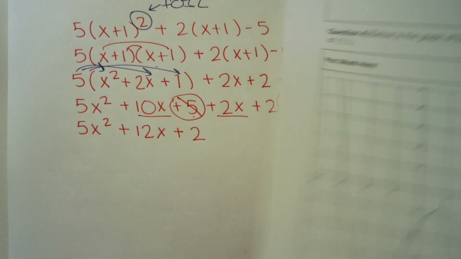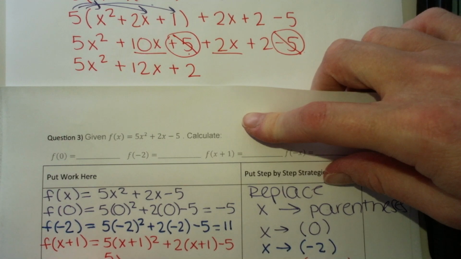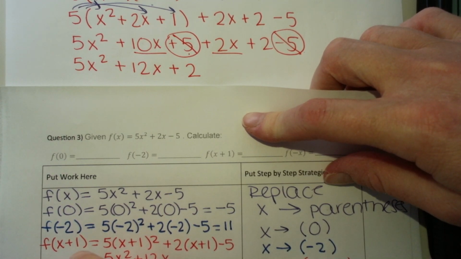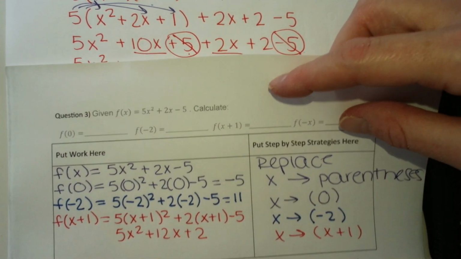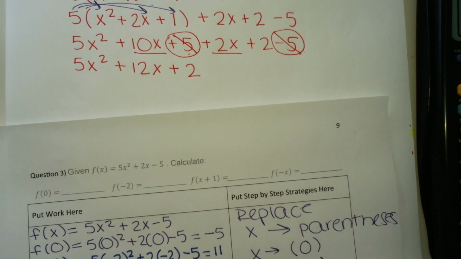So your answer would be 5x squared plus 12x plus 2. That's a little tricky because you have to write out your two copies and then FOIL out that expression.